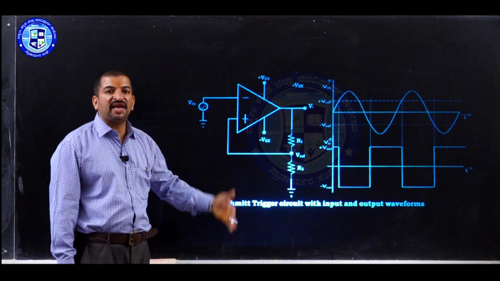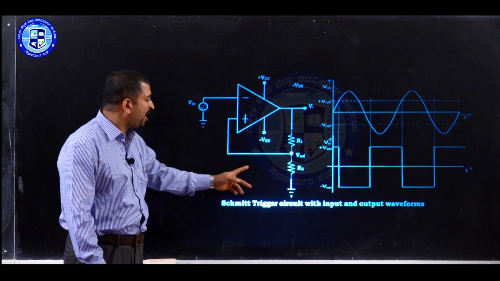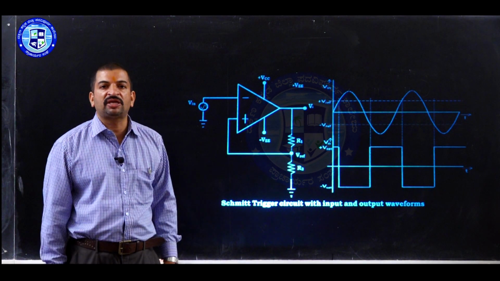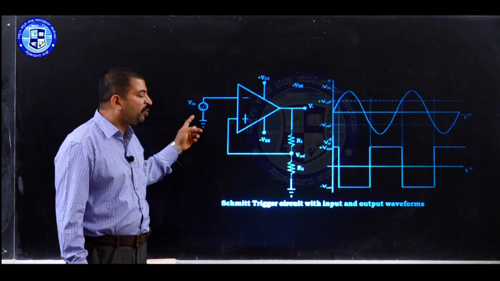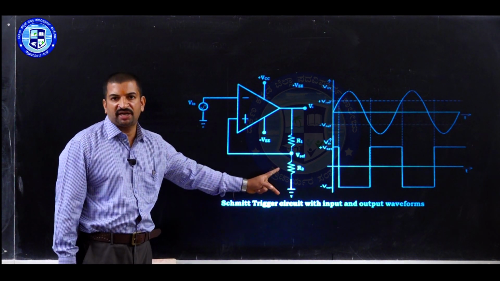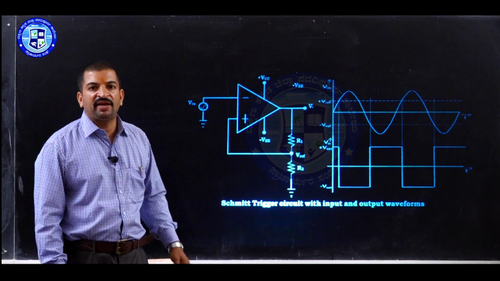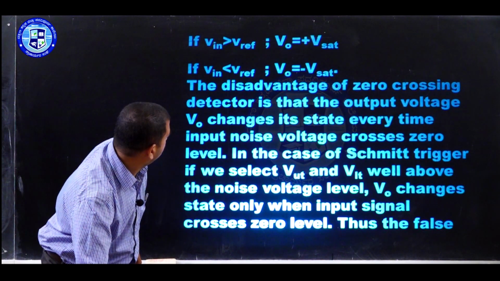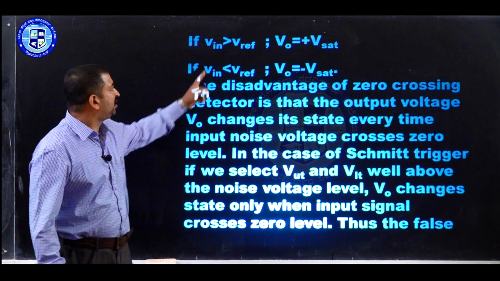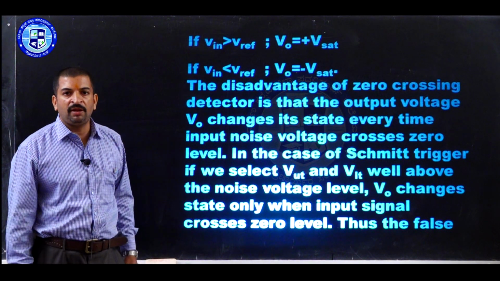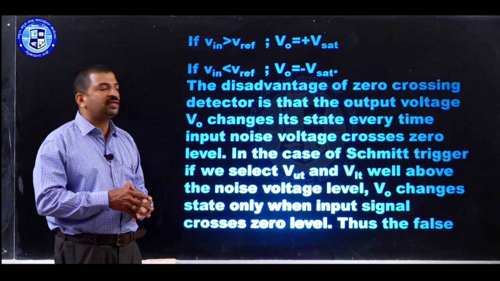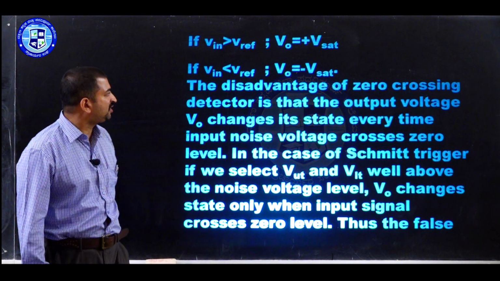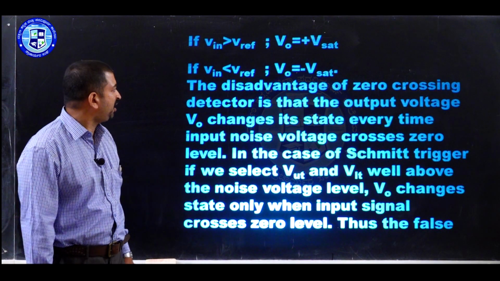So, as long as the input voltage is less than the reference voltage, the output voltage is at plus V saturation. When the input voltage is greater than the voltage across resistor R2, the output voltage is at minus V saturation.